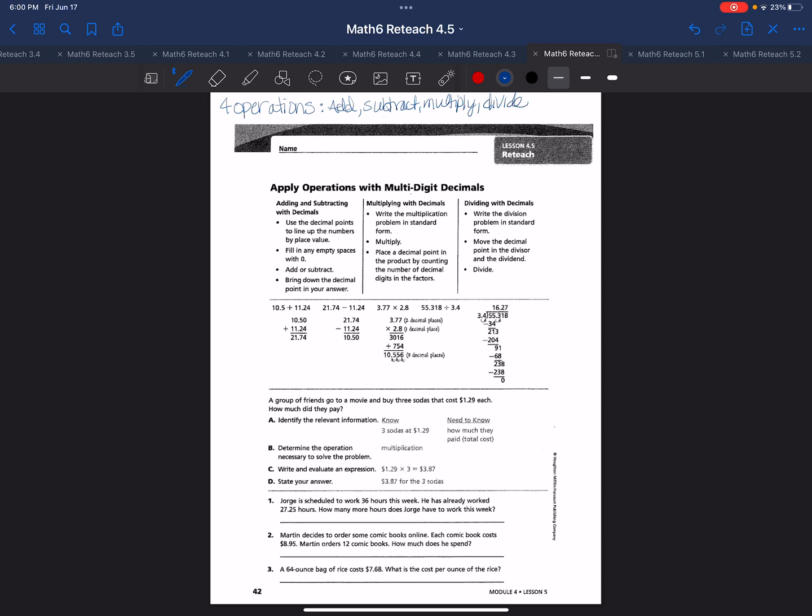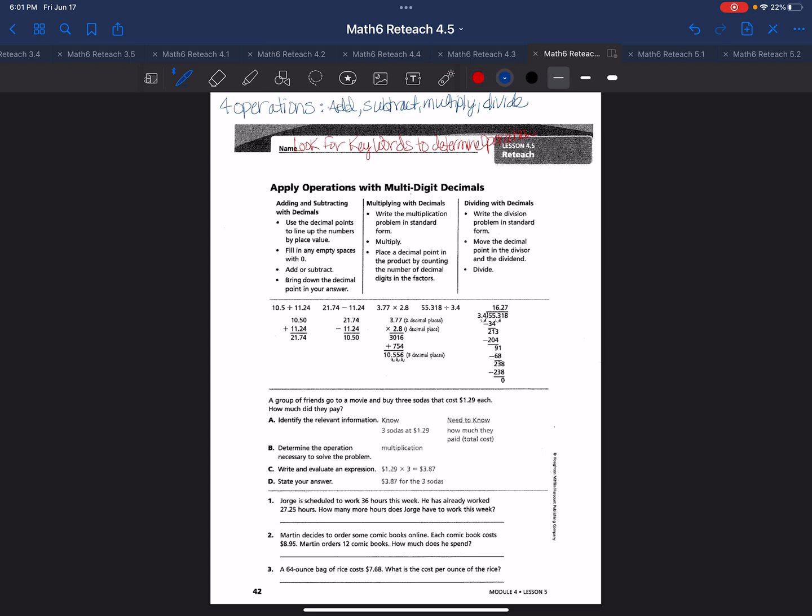So one thing we do in math is it's good to concentrate on the vocabulary as we're learning new lessons in math. So this is something I would like you to add to your vocabulary, because when we're doing word problems and we're deciding which operator to use, a really good strategy is to look for keywords to determine the operation that you're going to use.